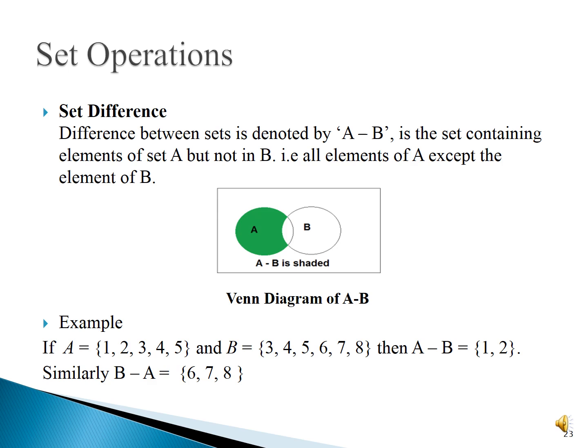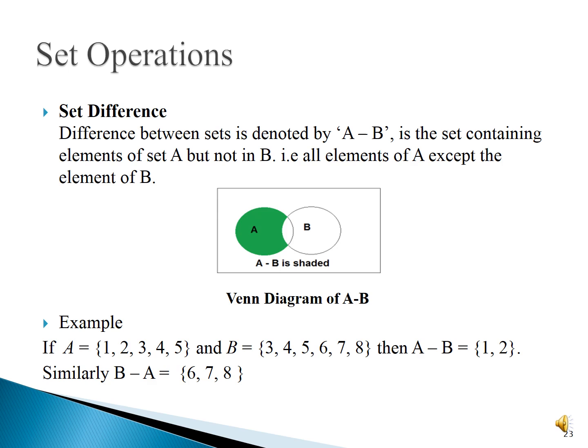So A minus B will contain all the elements of A except the elements of B. 1 is an element of A, it is not an element of B, so in the difference it will come. Then 2 is an element of A but it is not an element of B, so it will be included.